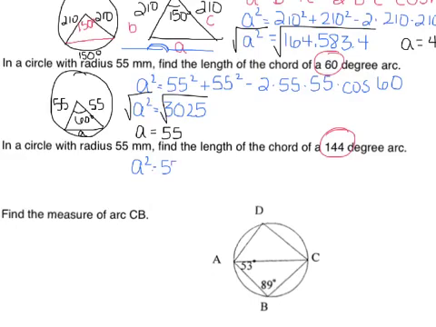So 55 squared plus 55 squared minus 2 times 55 times 55 times cosine 144. Let's type away on that.